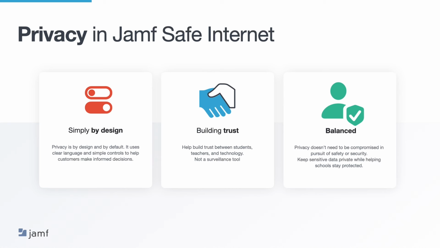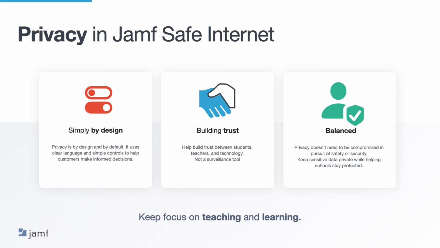And there should be no distinction between privacy and security. One is never compromised at the expense of the other. Having a balanced approach to privacy and security helps keep students and schools protected. In that way, students are protected from harmful content and the focus remains on teaching and learning.